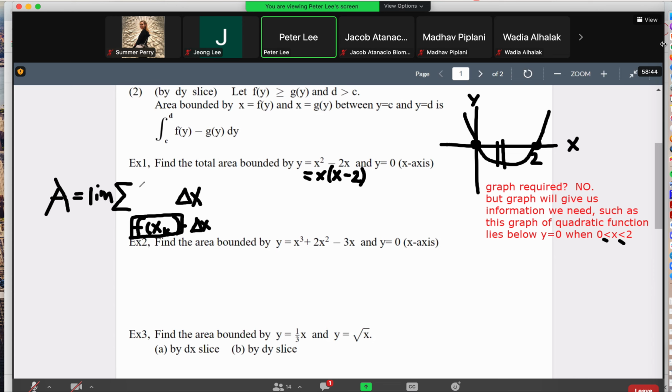So let me call this the height of x sub k. So replacing this f of x sub k, which is a function value, we can call this the height of the rectangle. So the area formula is basically base times a bunch of heights. And the height, we want this to be positive. And in this case, this is the upper boundary function.